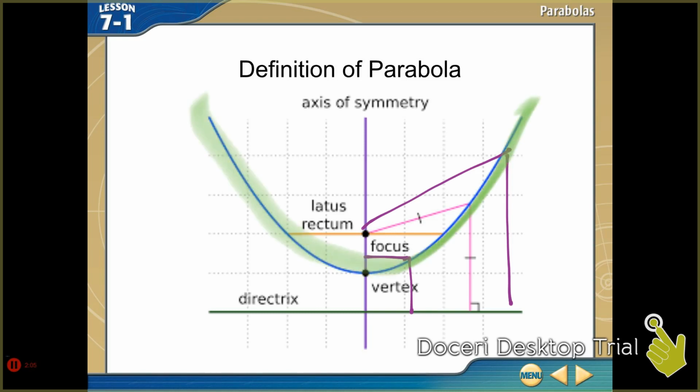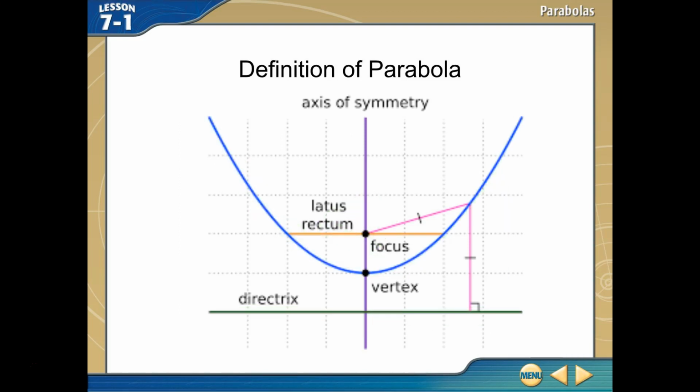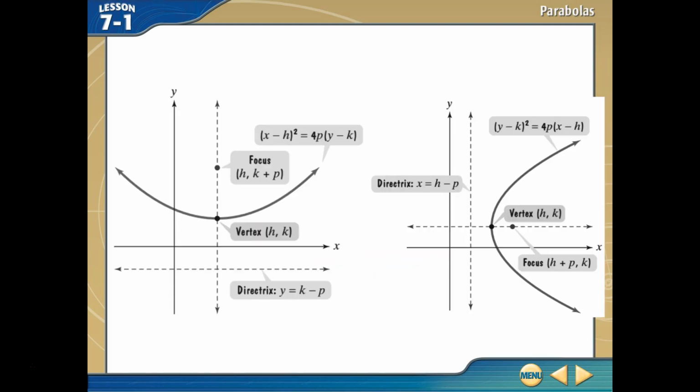It's going to form that whole shape. So that's really what we're looking at: this collection of points that are equidistant from a point called the focus that's in the middle, and the directrix, which is going to be a vertical or a horizontal line on the other side of the vertex, and then the vertex is in the middle of those two points.